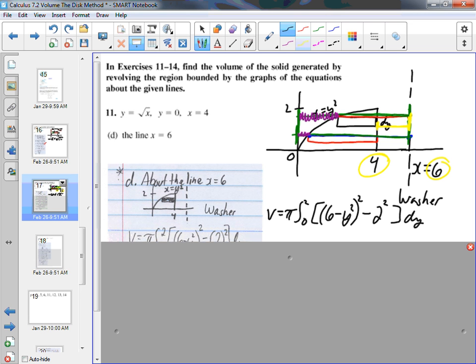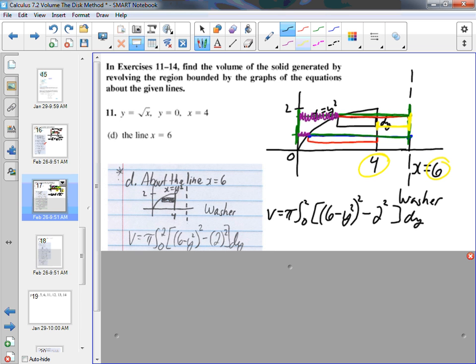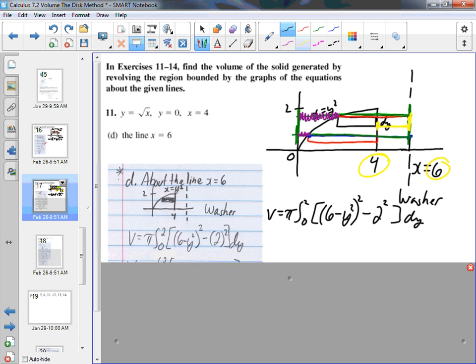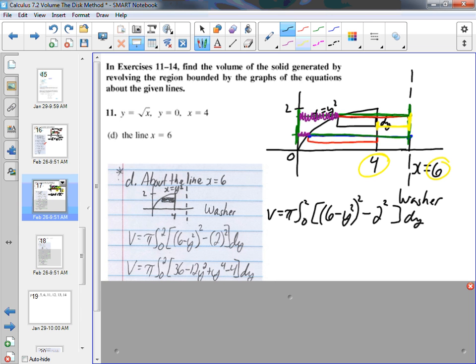Okay. So, that's our volume. Pi times the integral from 0 to 2 of 6 minus y squared, quantity squared, minus 2 squared. So we square that binomial, so volume equals pi times the integral from 0 to 2 of 36 minus 12y squared plus y to the 4th.